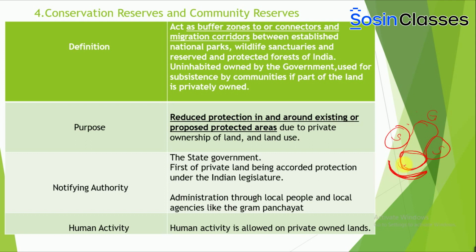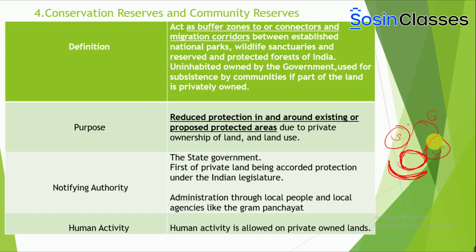Because of this usage of private lands, it is necessary to protect and conserve these areas, which act as a buffer zone or migration corridors for wildlife in the protected areas. Hence, we have these conservation reserves.